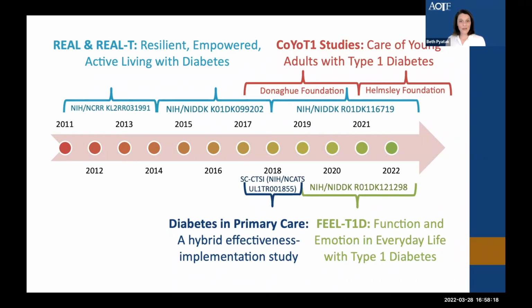And lastly, most recently, this project that I began in 2019, the FEEL-T1D, so Function and Emotion in Everyday Life, is really revisiting my core interest in better understanding the lived experience of diabetes, this time using technology and EMA to better understand these experiences.